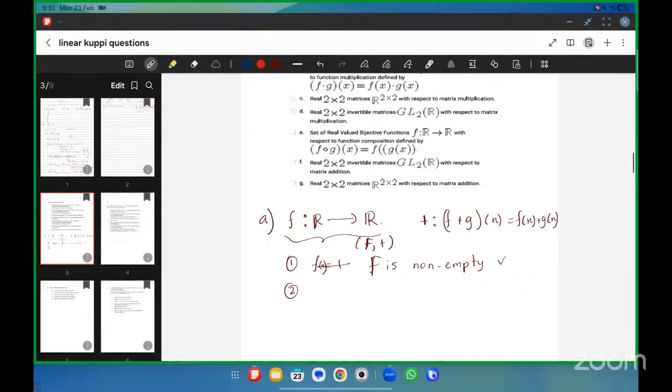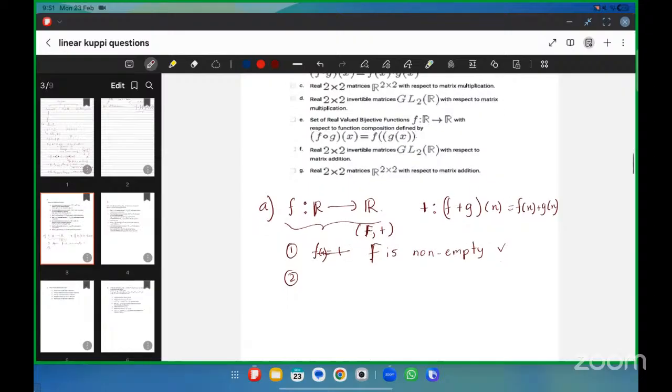The second condition is we should check it is a function, closure.